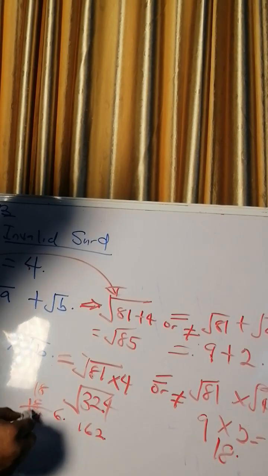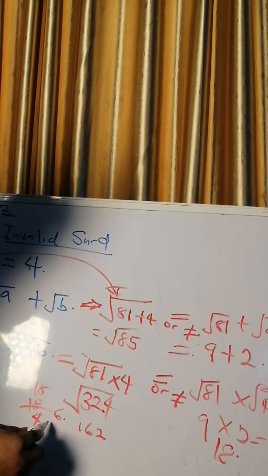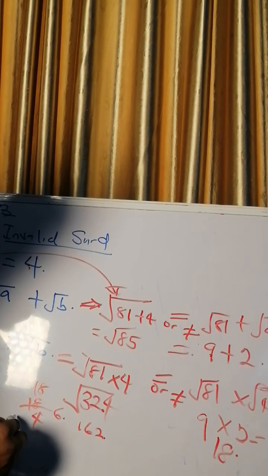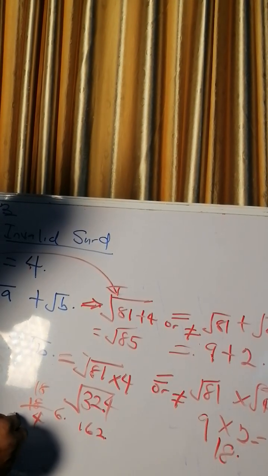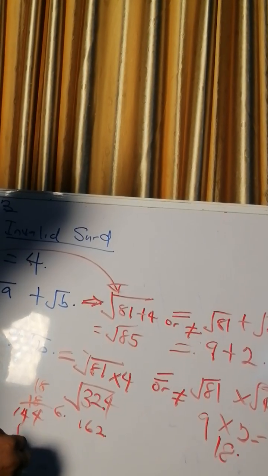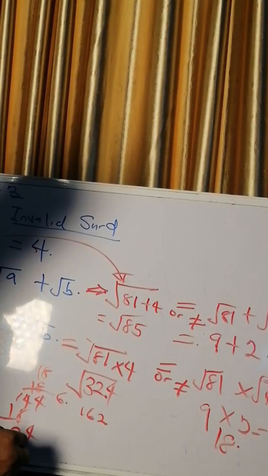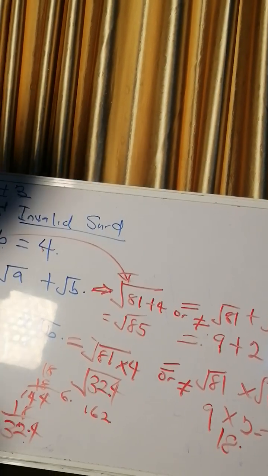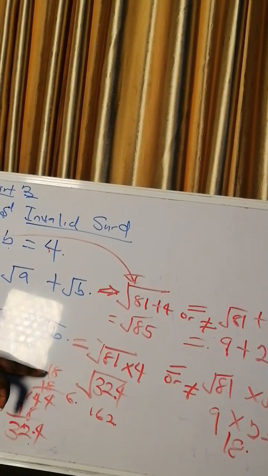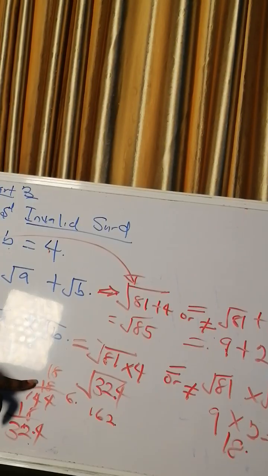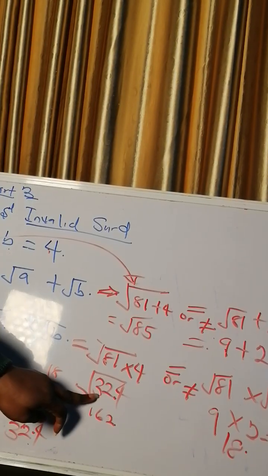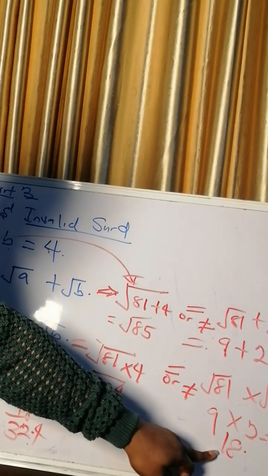We carry 6, 8 times 1, 8, 8 plus 6, that is 14, that's 4. Then you have 1, that's 2, then you have 3, 2, 4. So now if you look at it very well, it shows that 18 times 18 will give me 324, and we got 18 here.